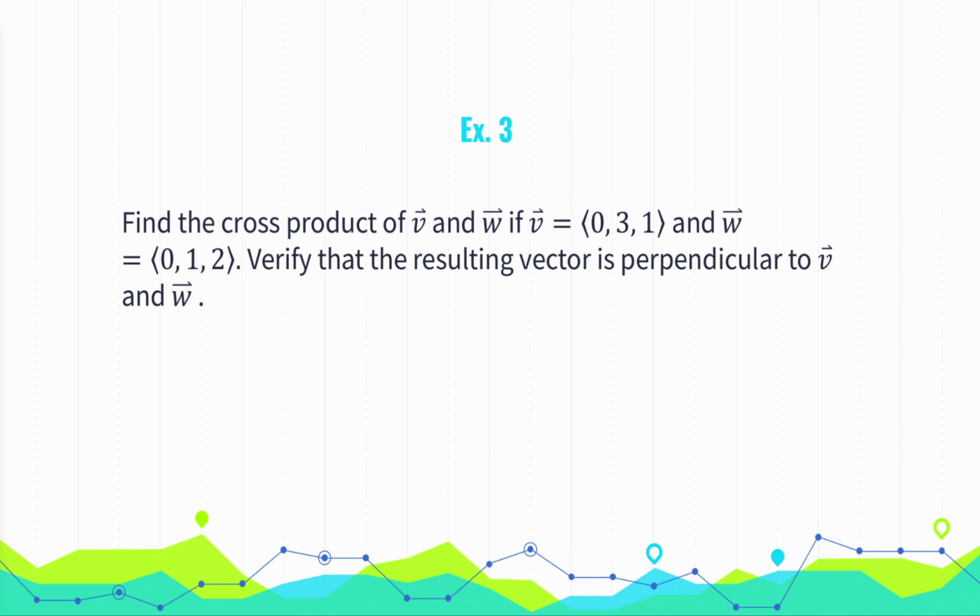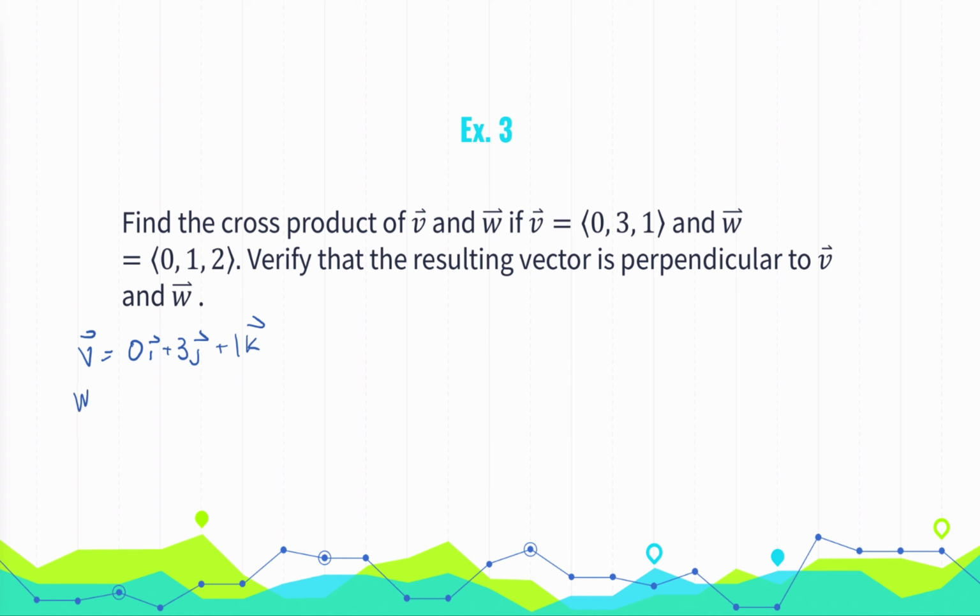Okay? So, the cross product of V and W. So we're going to write vector V is 0i plus 3j plus 1k.